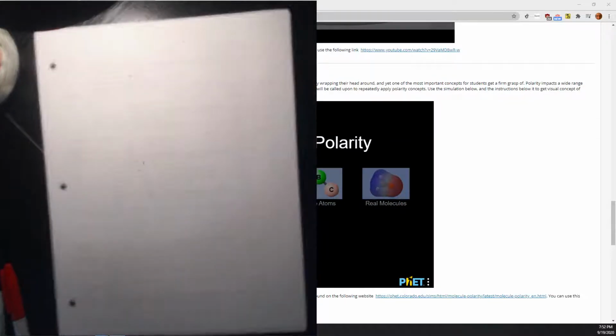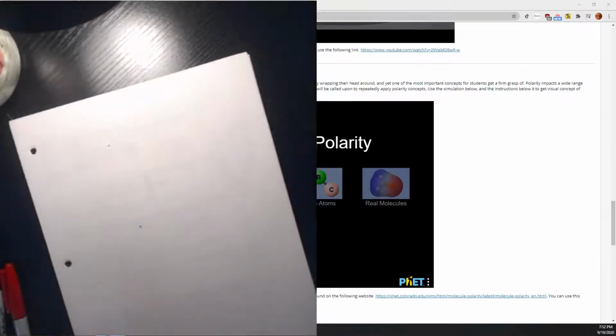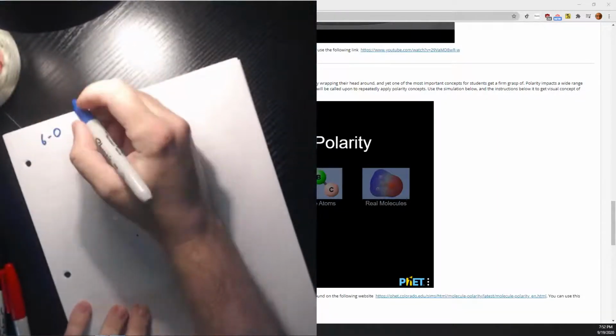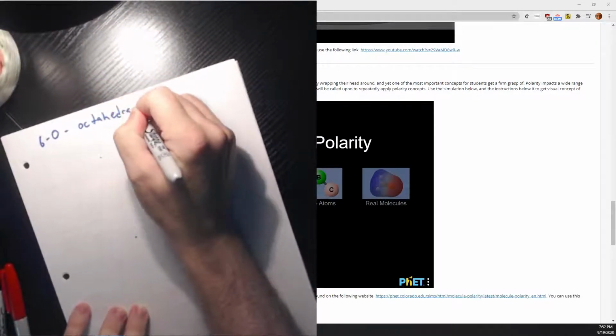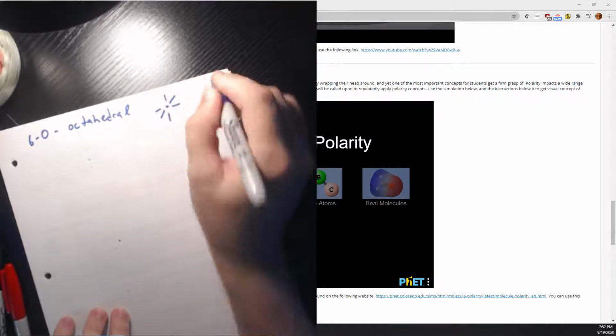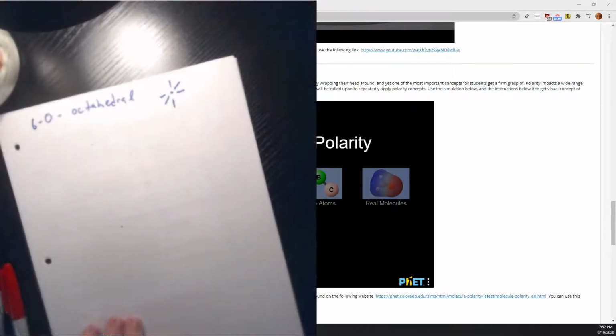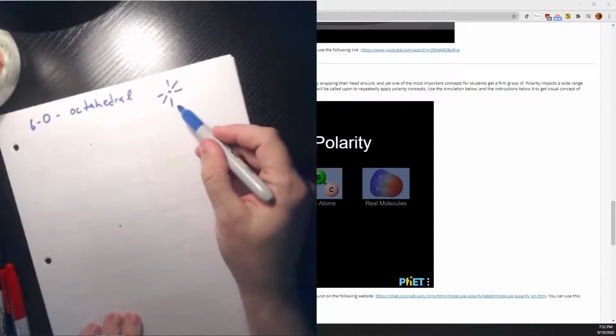And finally, we get to octahedral. Okay, so if we have 0 lone pairs on the octahedron, it's octahedral. And it has this shape, like the 3 axes of a 3-dimensional graph, x, y, and z. So once again, all directions are equivalent.